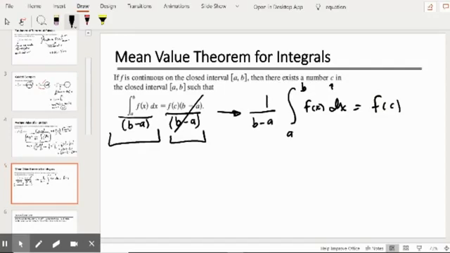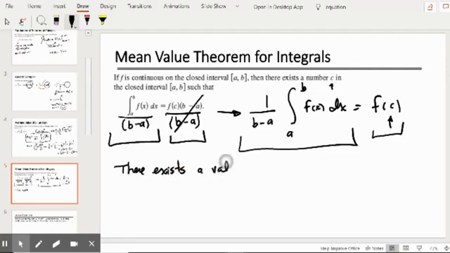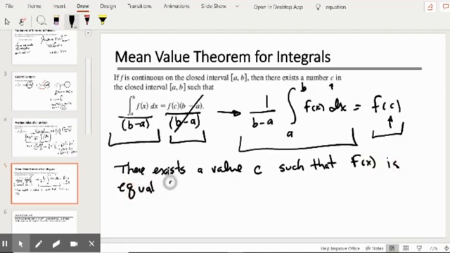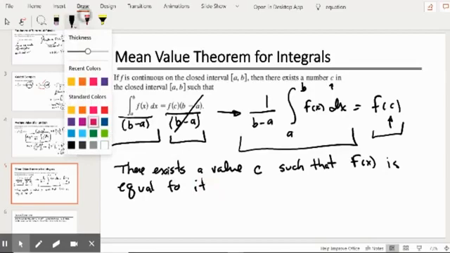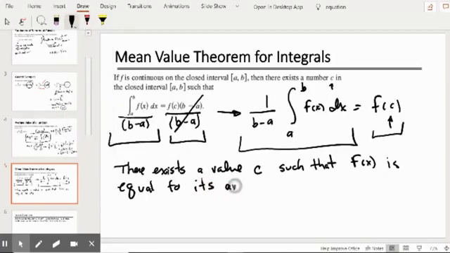And I do this because we can express this verbally. We can say that there exists a value c such that the function is equal to its average value on the interval [a, b].